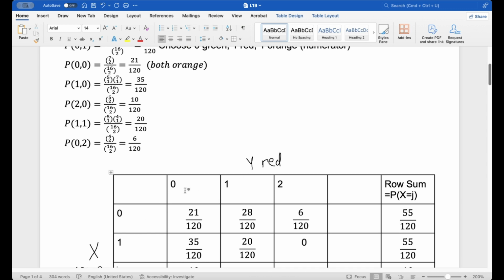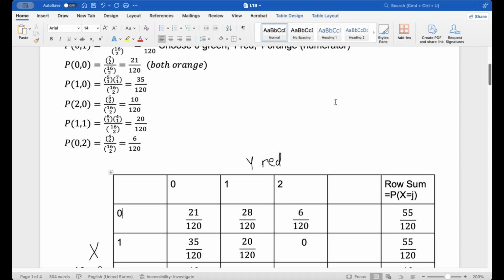Let's see, 1, 0. X is 1, Y is 0. 1, 0 is 35 out of 120. 1, 1 is 20 out of 120. Now, 1, 2 is impossible because that would lead to a total of 3 selections, only selecting 2. So that's 0.